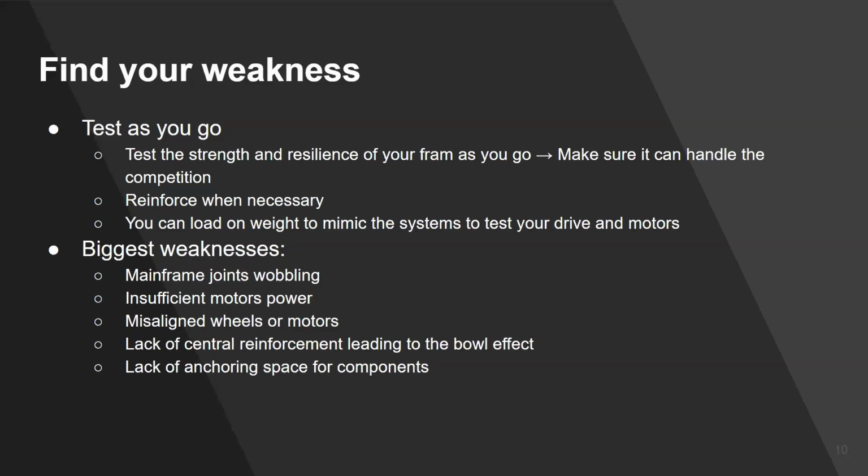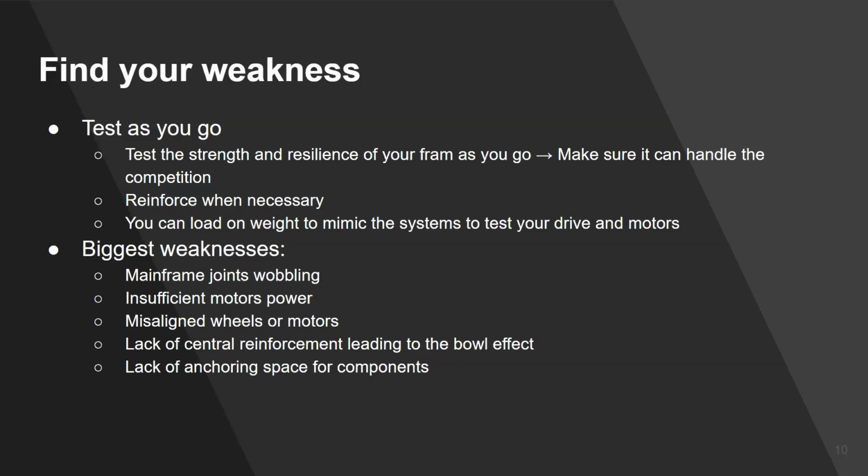The biggest weaknesses that I've always noticed when building robots are the mainframe joints wobbling. So when you're building that rectangle shape, or when you're building the things that are going to go onto your wheels, just try to jiggle them apart from each other and wobble them to see if there's any space, if there's any sort of motion that's happening, or if it's really sturdy. If it's not sturdy, see if there's a screw that's loose somewhere. See if you'd be better off putting a nut and a bolt.